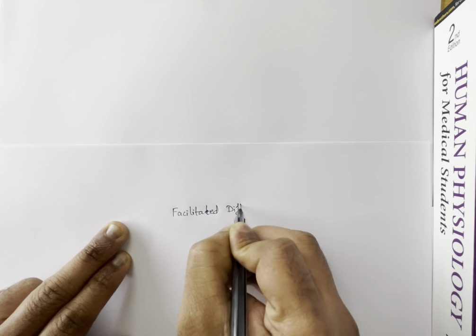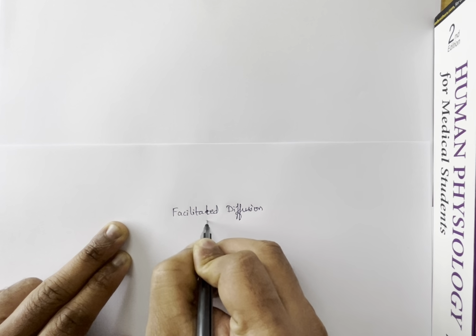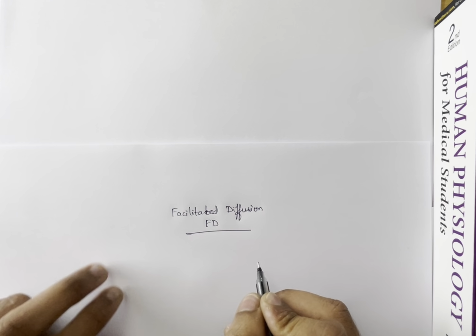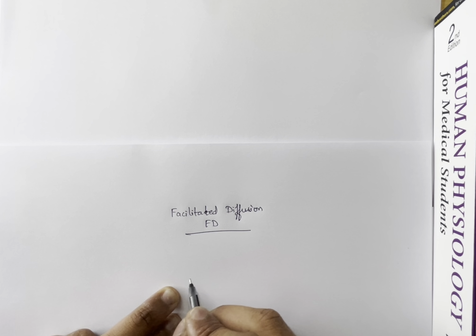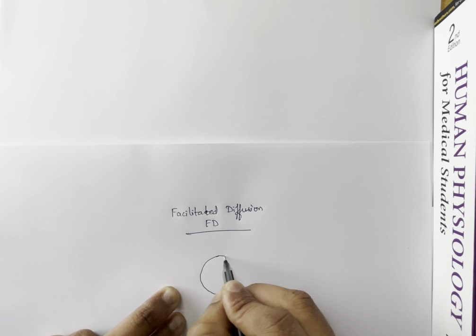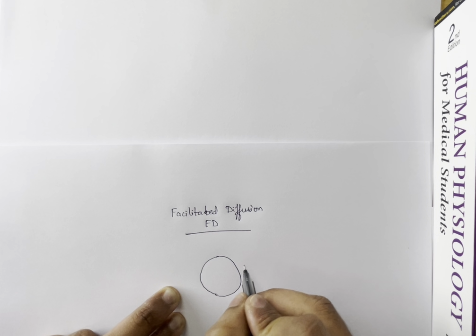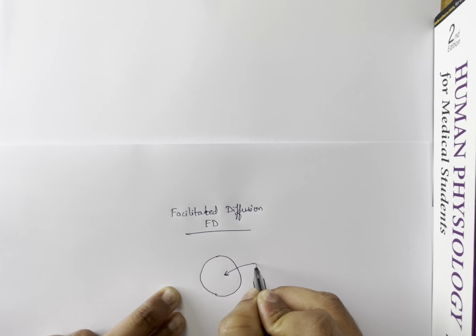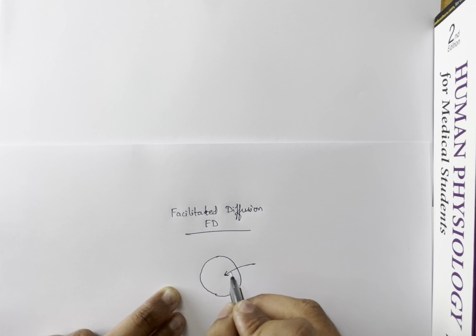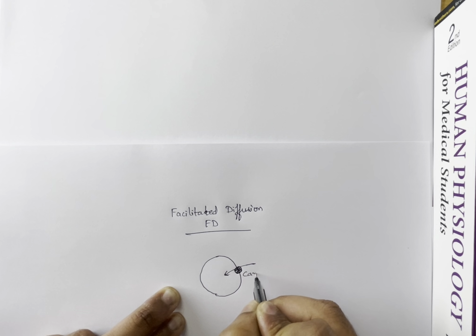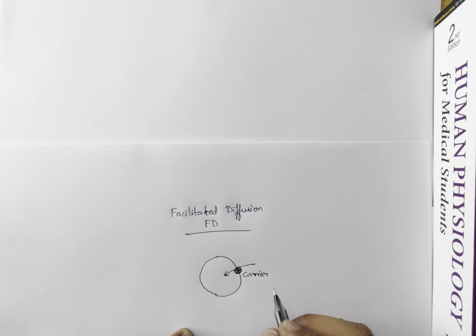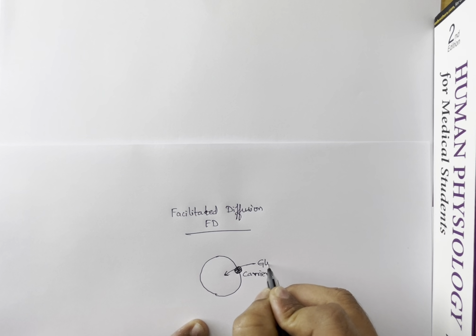It is a type of diffusion where the substances are moving along the concentration gradient, but they are facilitated by a transmembrane protein. The transmembrane protein will act as a vehicle or a carrier that will carry the substance into or out of the cell. For example, the glucose, how it enters the cell.